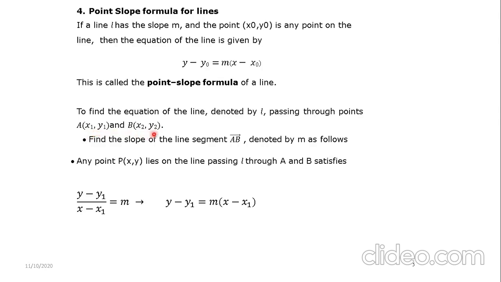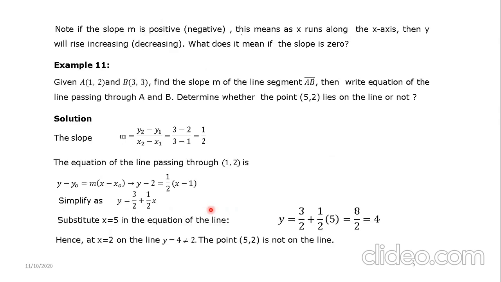If you start the numerator with y1, you must start the denominator with x1. The equation of the line is y minus y1 equals m times x minus x1, where m is y2 minus y1 divided by x2 minus x1.